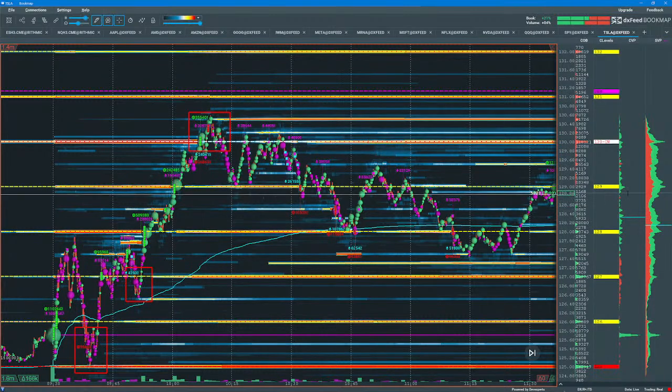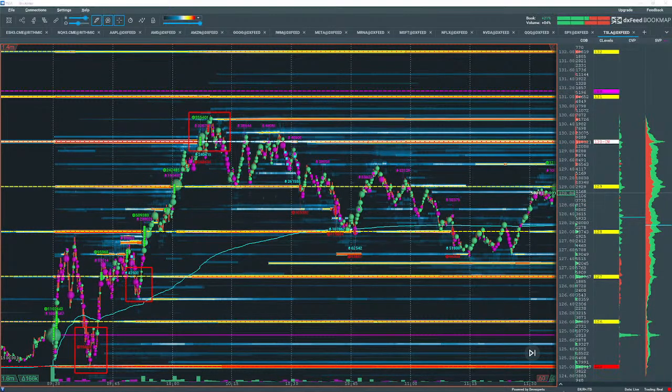And notice one other thing here, all the green dots. These small green dots here are showing a buy sweep. This is what I'm looking at. And then all the market buy orders shown by these larger green dots up to the 130 call wall. So great setup in Tesla here.